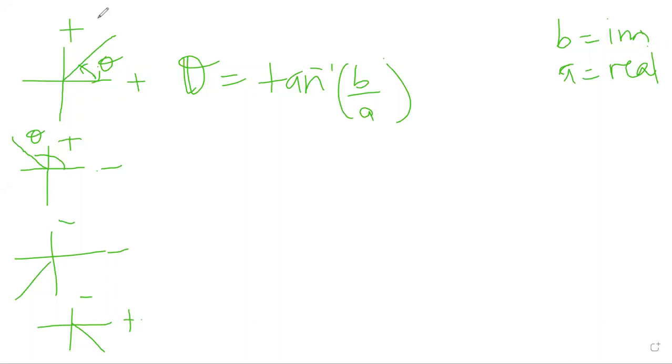So when the real is negative and the imaginary is positive, we can get our theta to be 180 degrees minus the acute angle.